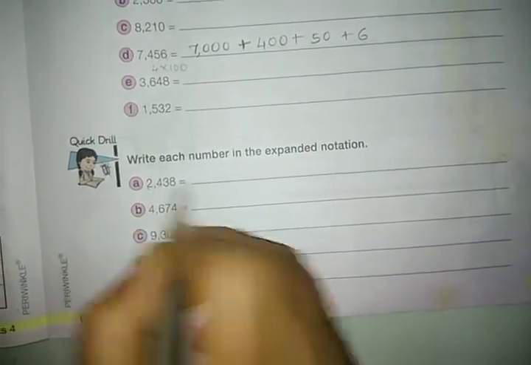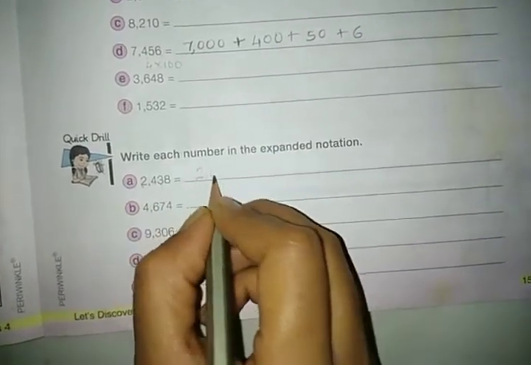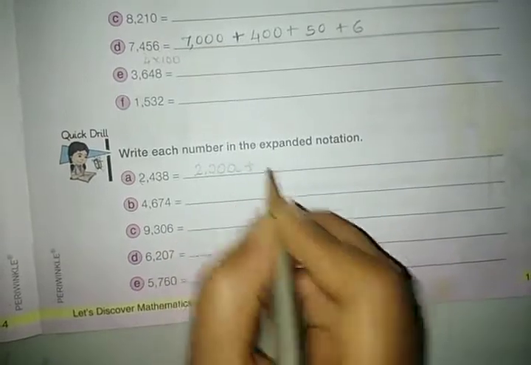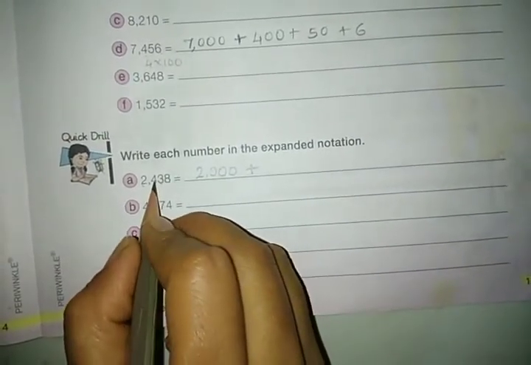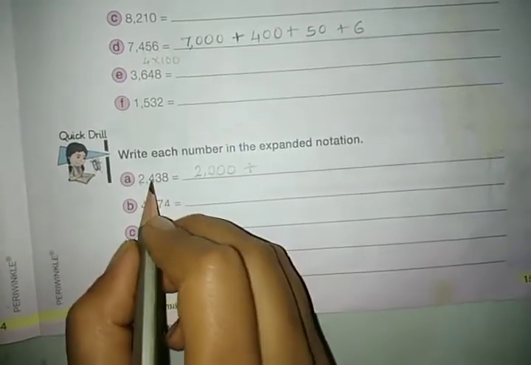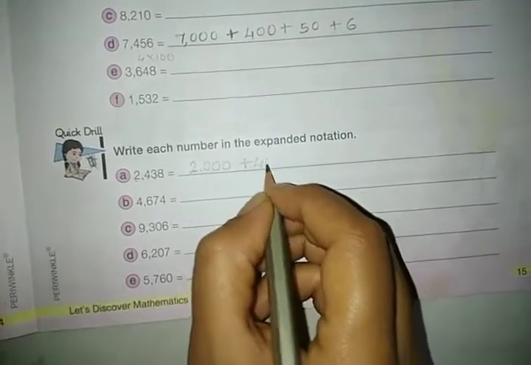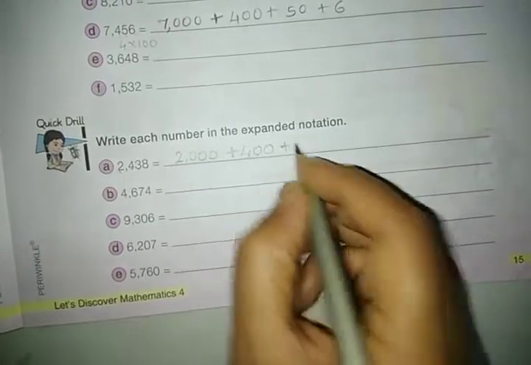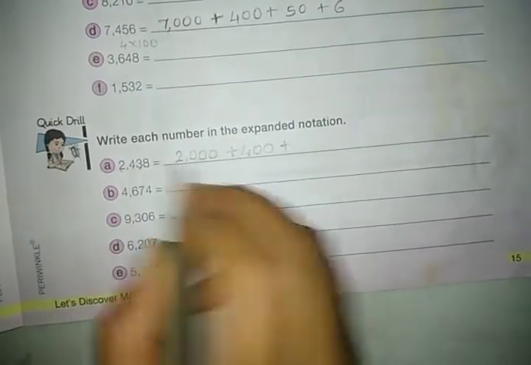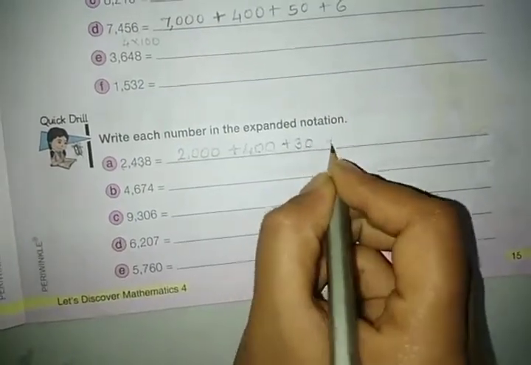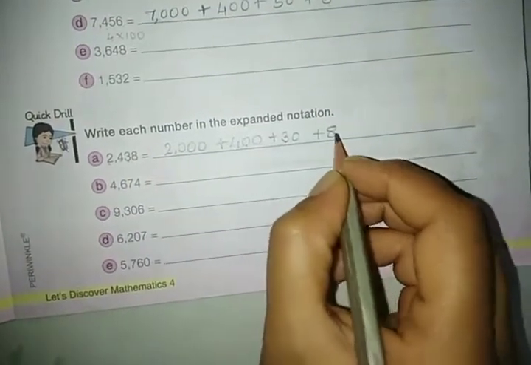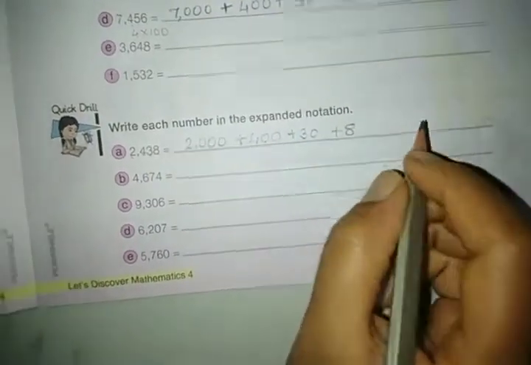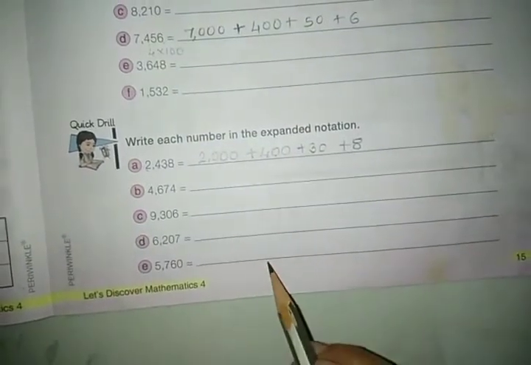So 2 into 1000 is 2000. 2000 plus this 4 is in hundred place. So 4 into 100 is 400. The value of 4 in hundred place will be 400 plus the value of 3 in tens place will be 30, and the value of 8 in ones place will be 8 only. Now expand these numbers also.